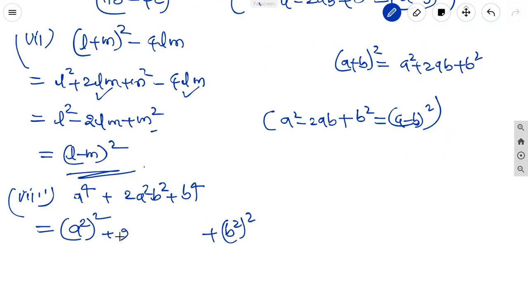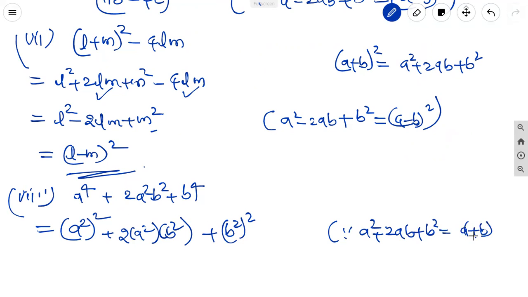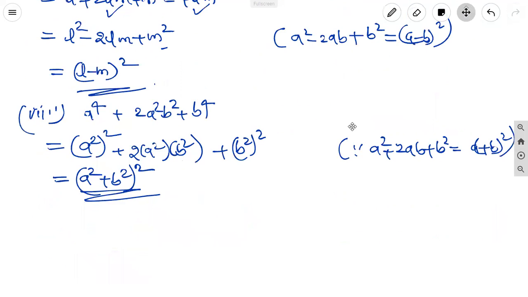The remaining is 2, a is a square, b is b square. What is the suitable expression of the identity? A square plus 2ab plus b square is equal to a plus b whole square. What is a? A is a square. What is b? B is b square. It's a whole square.